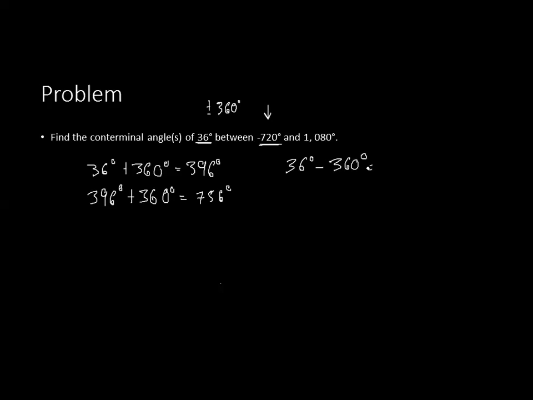So let's take a look. 36 minus 360 is negative 324 degrees, which is part of this range, right? So we're good to go. Now let's continue. 324 degrees minus 360 degrees. Let me take a look.